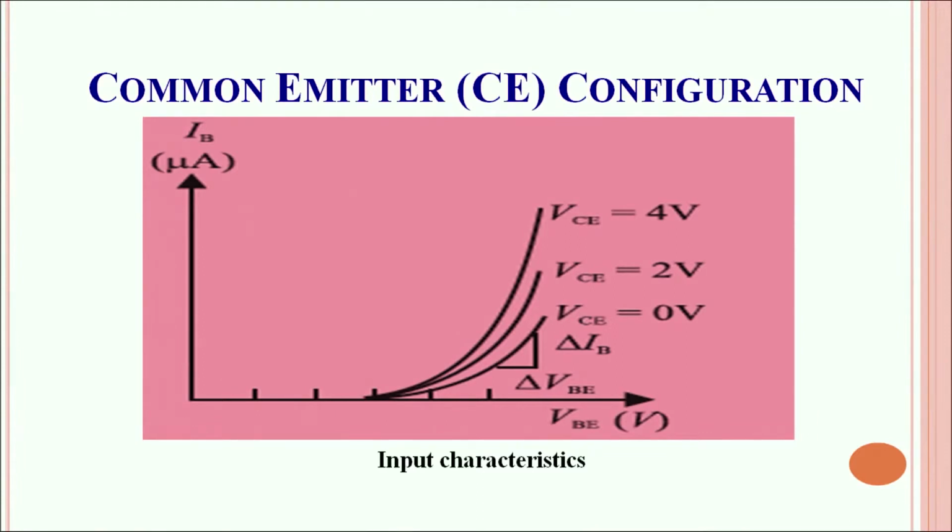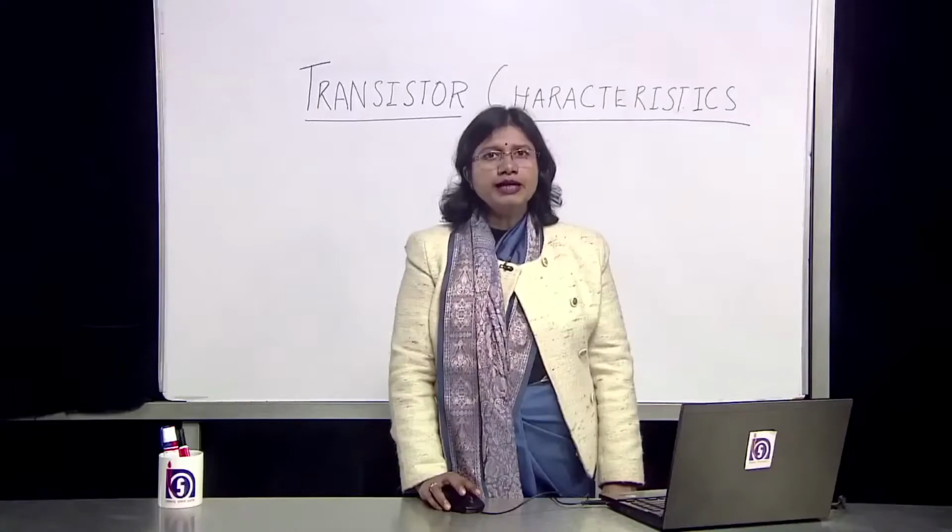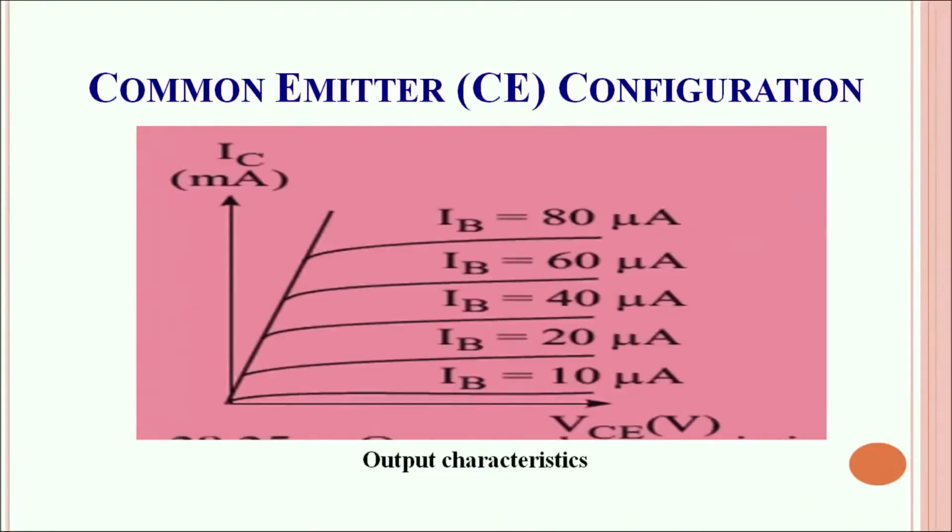Similarly, we understand the output characteristics in common emitter configuration. Let's have a look at that. The common emitter configuration has output characteristics where IC, that is the collector current, is plotted as a function of the collector emitter voltage, keeping the base current as a constant. What we notice is that the collector current soon saturates with the value of the collector emitter voltage.